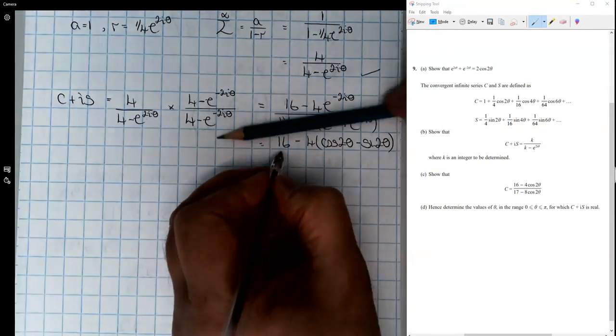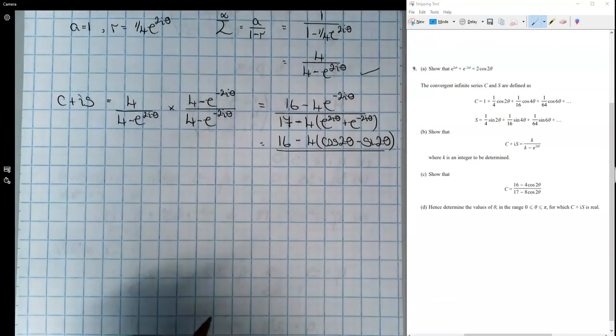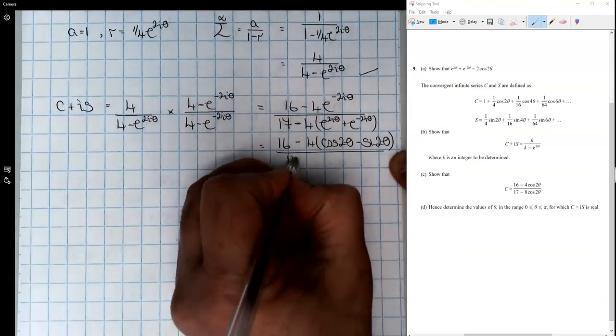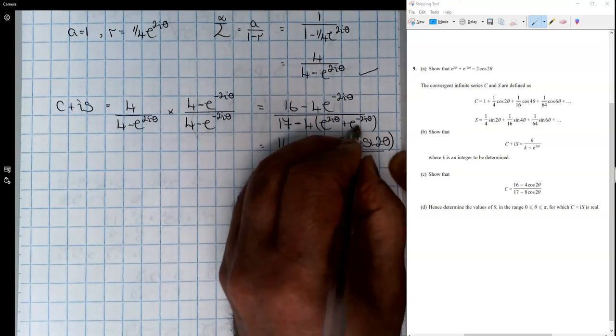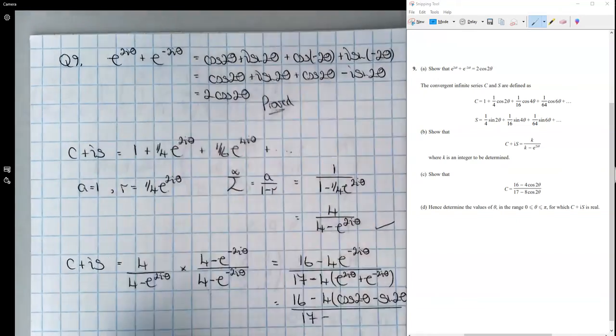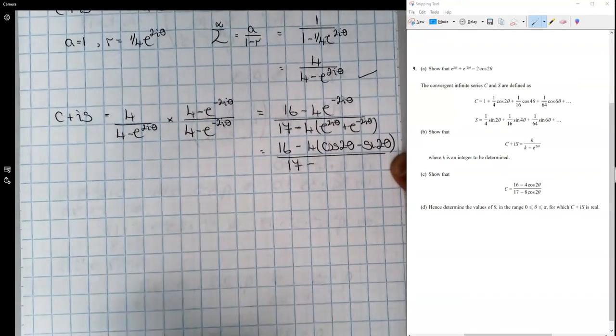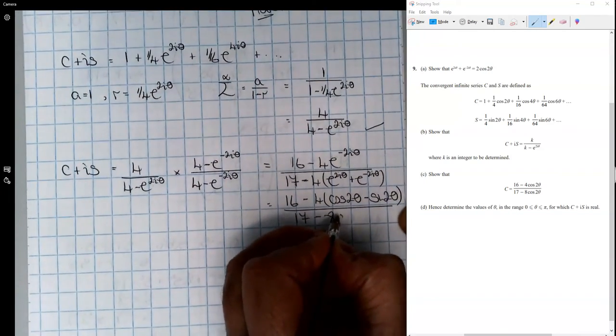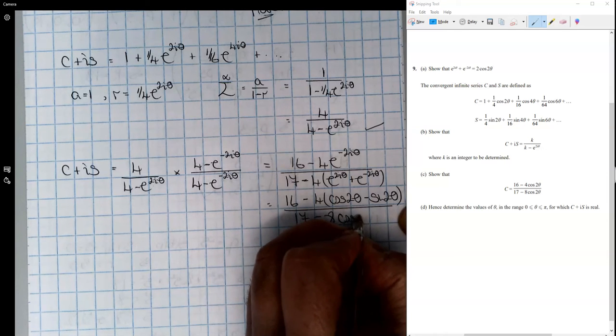Apologies if I've done a step too much there. And on the bottom, we've got 17 minus 4 lots of this, and we know from the beginning that that equals this. So we've got 8 lots of cos 2 theta.